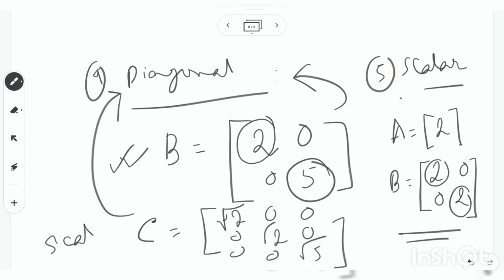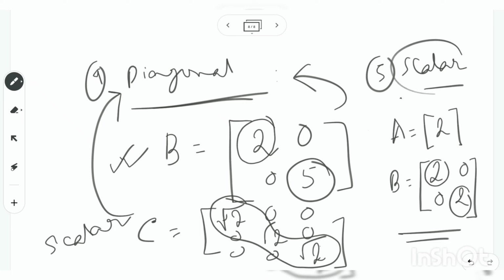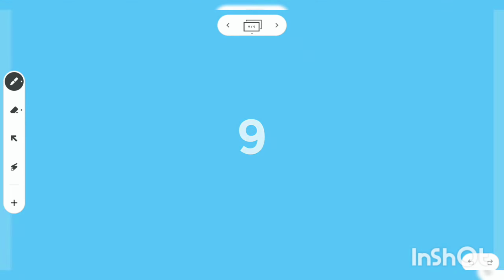This is a diagonal matrix, but instead of root 5, if there is root 2, that is, all diagonal elements are equal, then this is a scalar matrix. So here is a small difference between a diagonal matrix and a scalar matrix. Now let us move to the next type of matrix, that is the identity matrix.